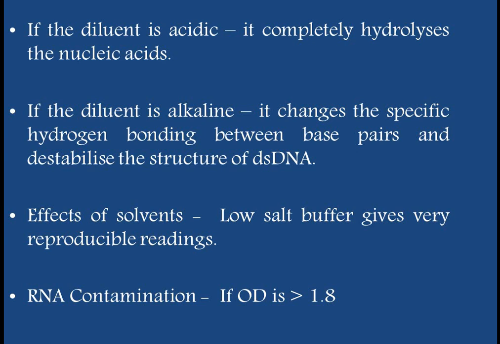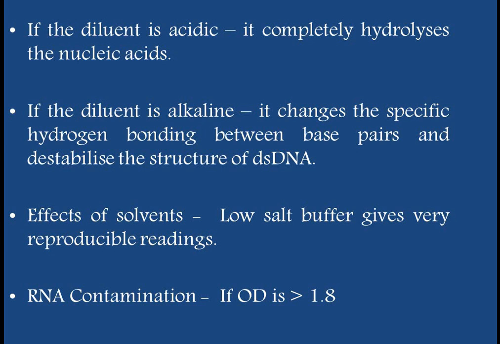the diluent which we use for the UV spectrophotometer, if it is acidic in nature, completely hydrolyzes the nucleic acids. If the diluent is alkaline, it changes the specific hydrogen bonding between base pairs and destabilizes the structure of double stranded DNA.